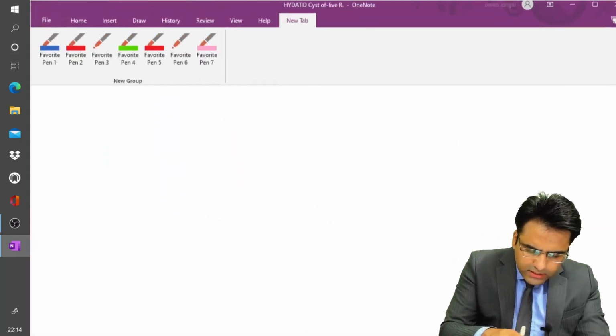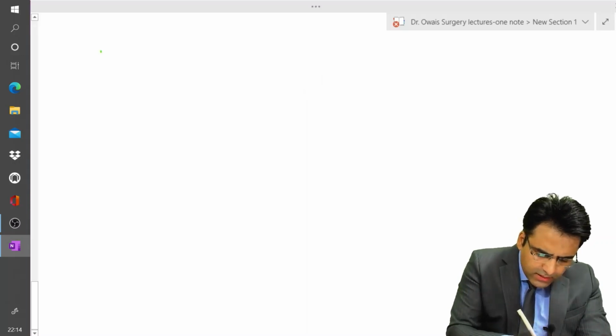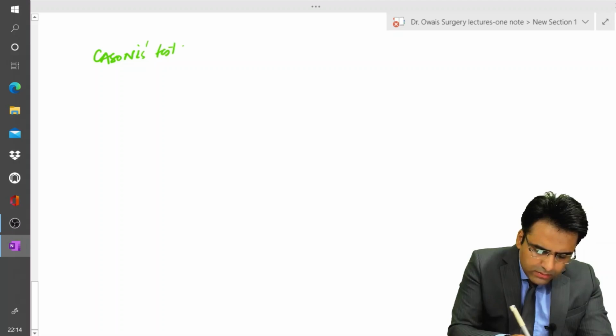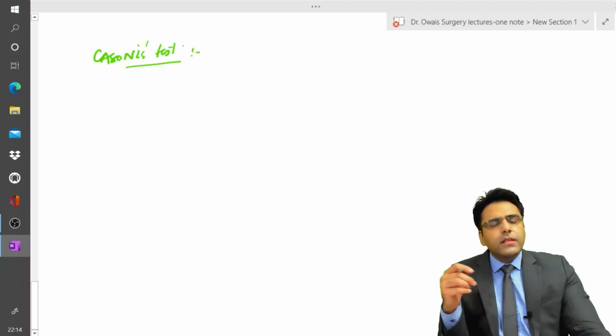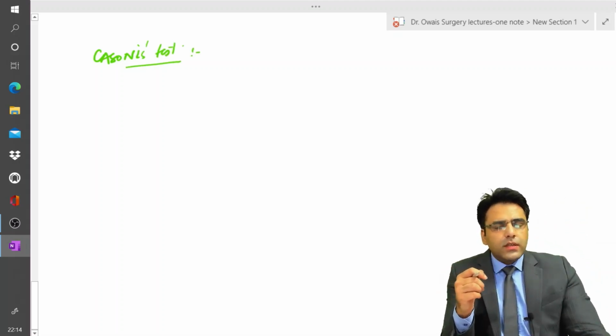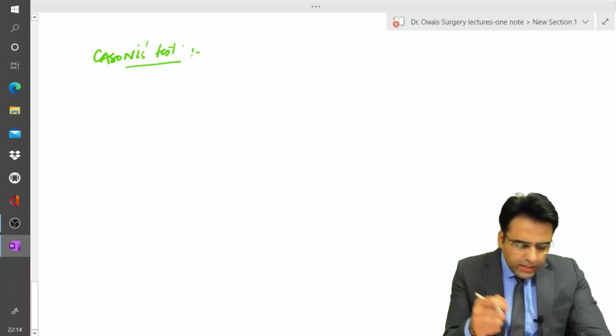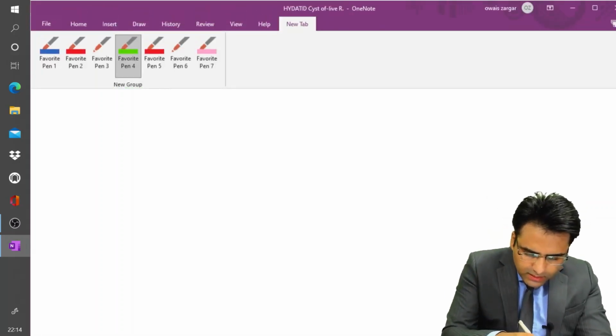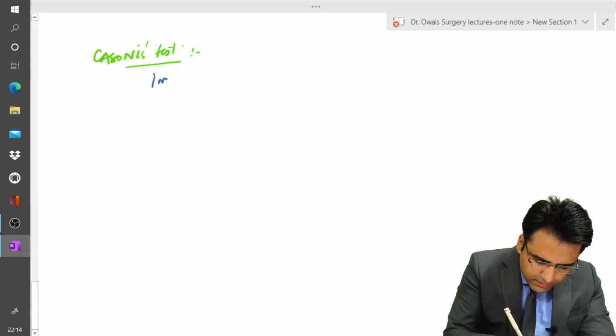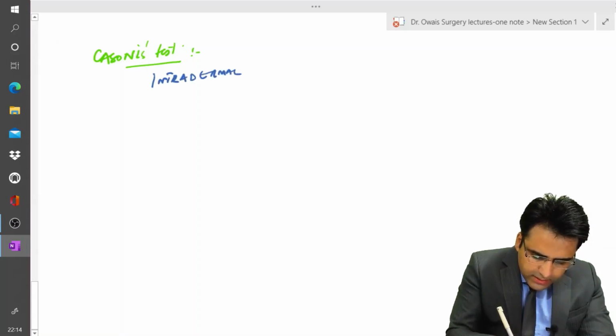Now there is an important test which is termed as Casoni's test. Nowadays it has only historical importance, and this Casoni's test is basically an intradermal test having a sensitivity of 75%.